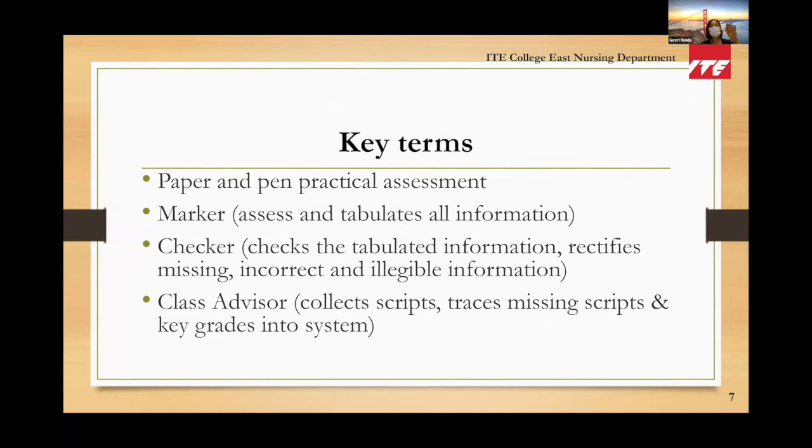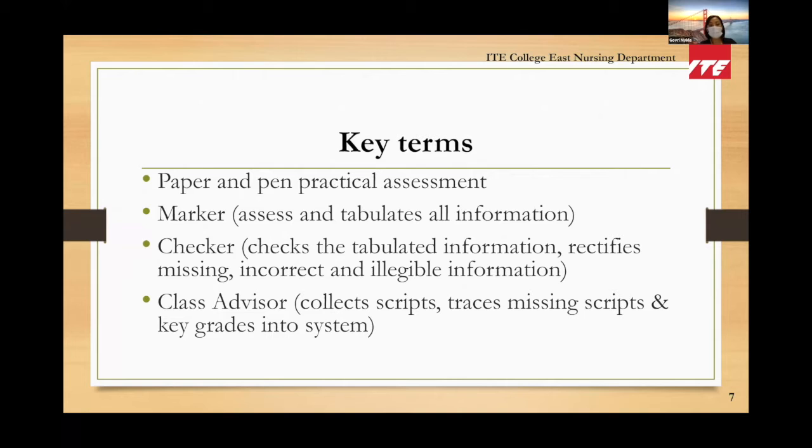Some key terms along the way so that you can have a better understanding. Currently we are using paper and pen practical assessment. A practical assessment involves a marker, a checker, and a class advisor. The marker assesses the students and is the first person to tabulate all the information on the assessment script.